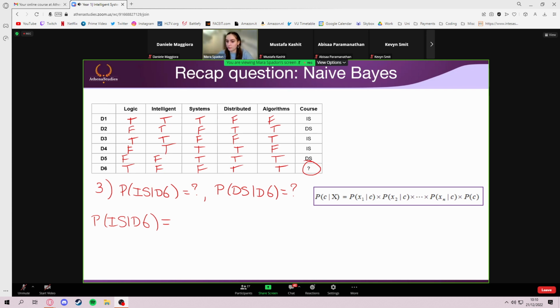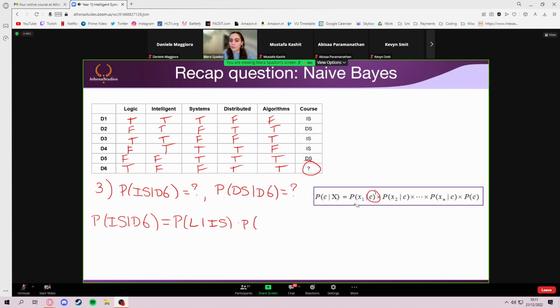Is it then like IS given that logic is true, intelligence is false, systems is false? Yeah, almost. So you see here, this is the class, right? So IS is the class. And if you would write them down, then the class actually comes after the given sign. So I think you said IS given logic, but then we would do logic given IS. So what you said is indeed correct. You just need to flip them around.